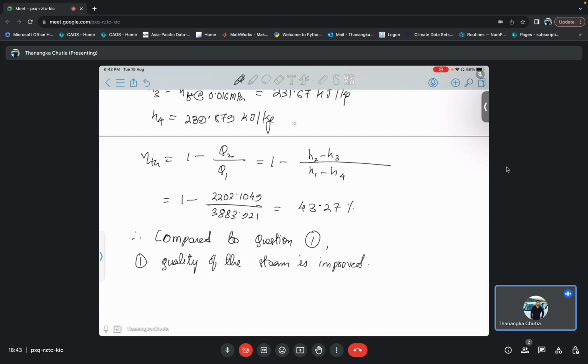Okay, so earlier we got 0.82 and now we got 0.93. So quality of the steam is improved at turbine exit. Okay, and also efficiency of the cycle is improved.